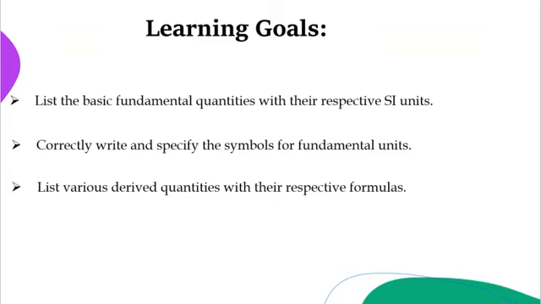And finally, being able to list some derived quantities with their respective formulas, and also knowing how to derive the units for the derived quantities. So these goals are spread across all the parts A, B, C, D, and maybe E, as the case may be.